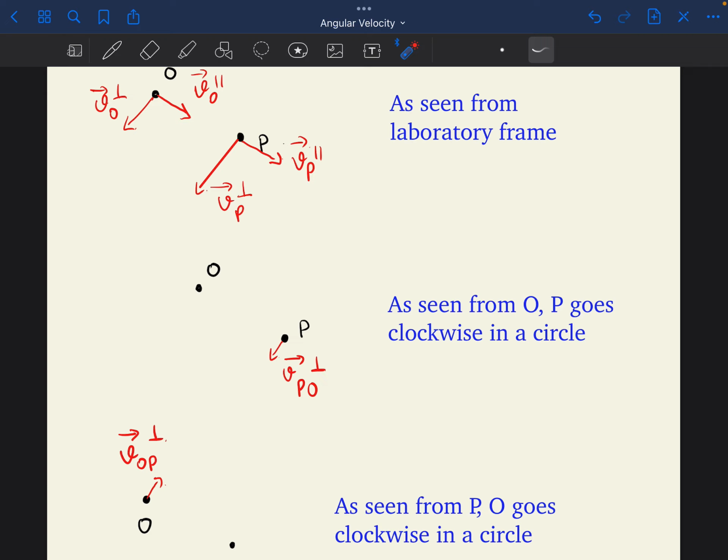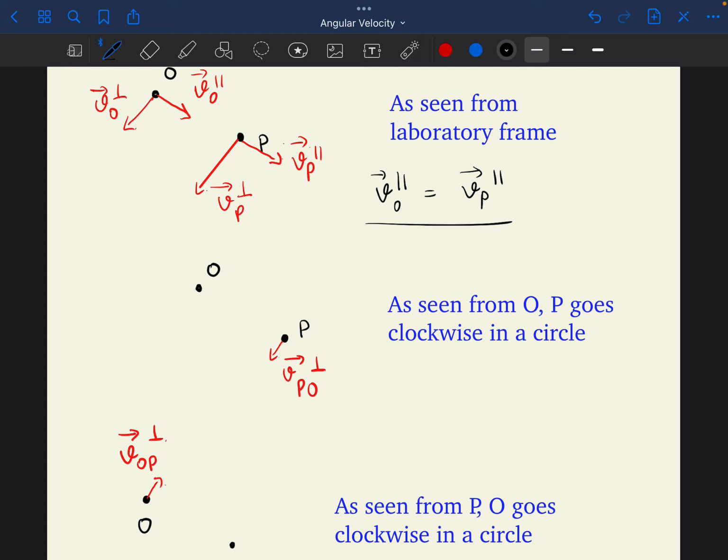If we go into the frame of O, that just means that the velocity of O will become 0, because as seen from O, O will be at rest. But as seen from O, the velocity of P will be Vp minus Vo. So we subtract both components, and again we have taken the condition here that parallel components are equal, because we are going to discuss only the case where OP is fixed from now on.